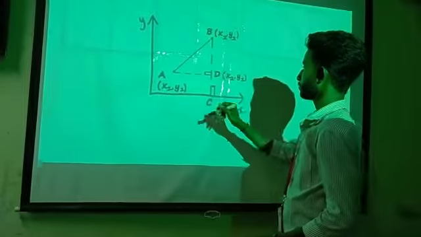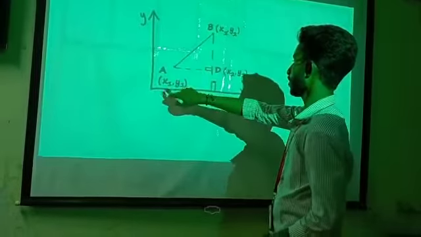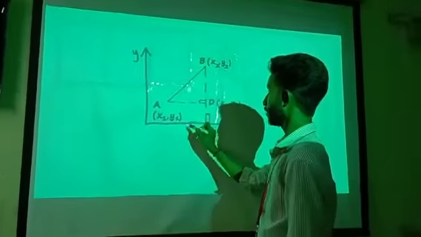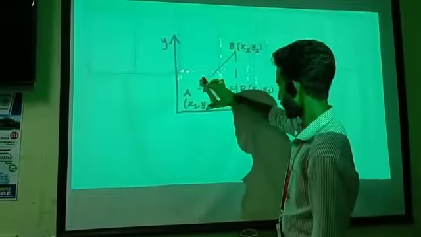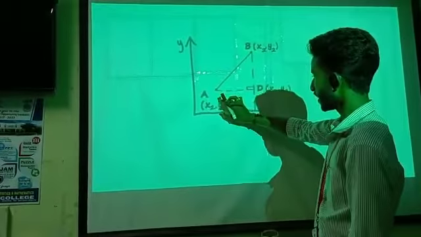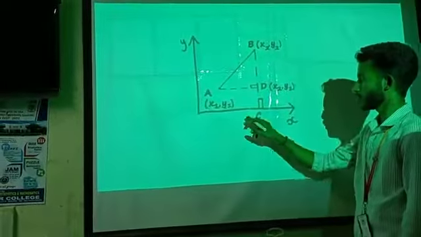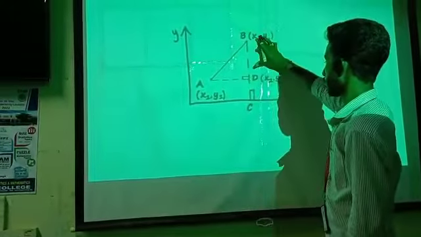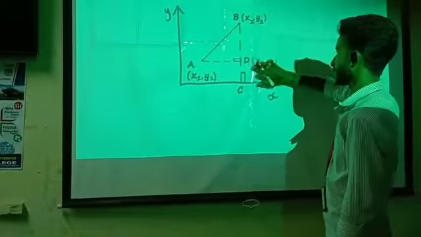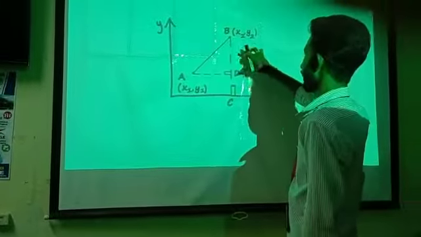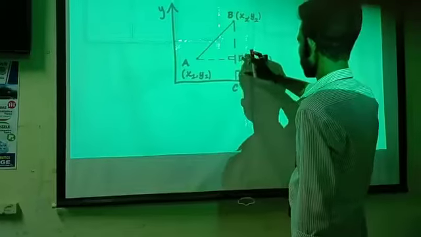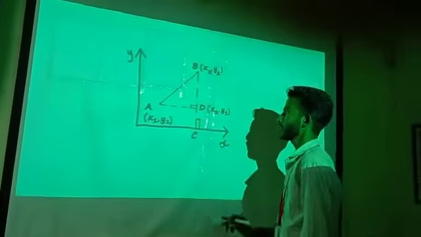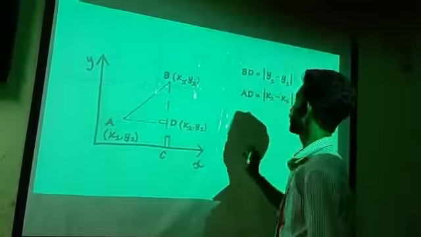Find the horizontal distance AD, which is x2 minus x1, and similarly the vertical distance BD, which is y2 minus y1.